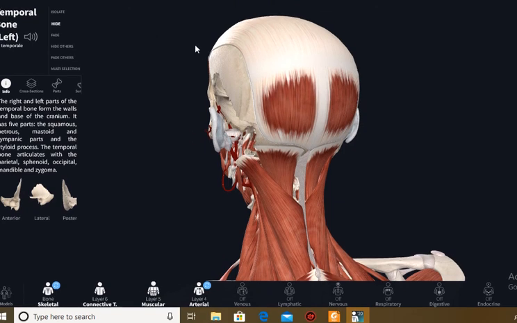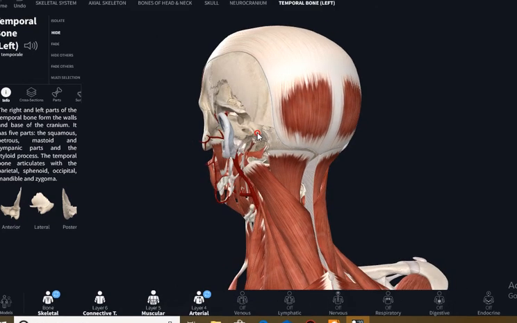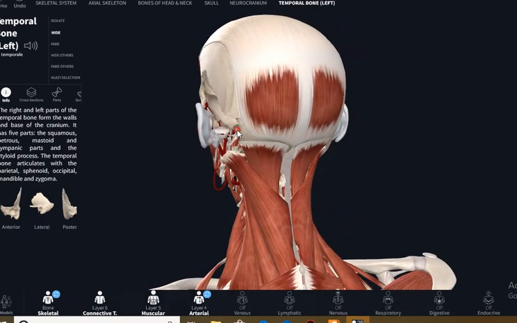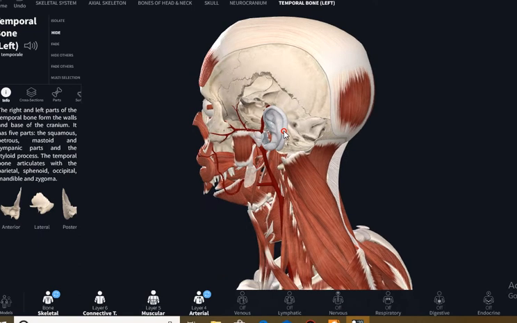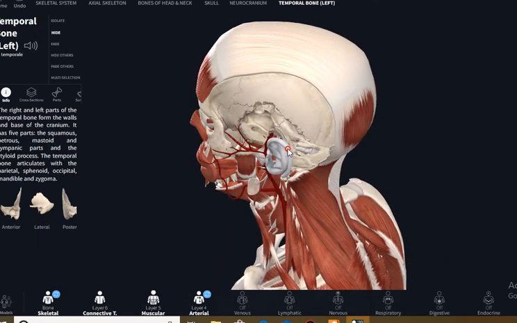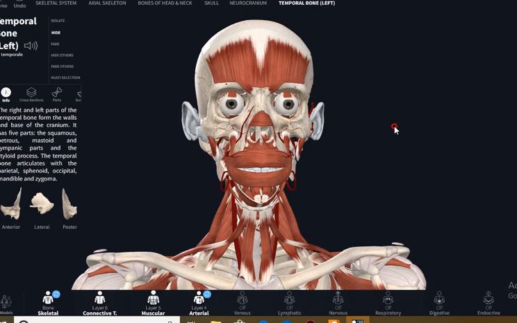And the tensor tympani is used to reduce the amplitude of sound entering the ear. So those are the two main muscles. The stapedius damps the frequency of sound, while the tensor tympani damps the amplitude of sound. Normally we are supposed to find those two muscles, but they are not very prominent.